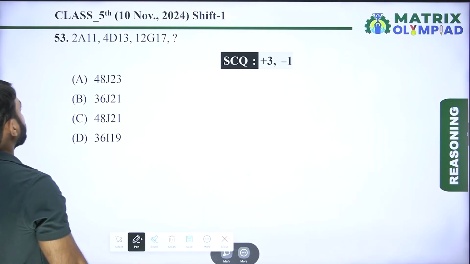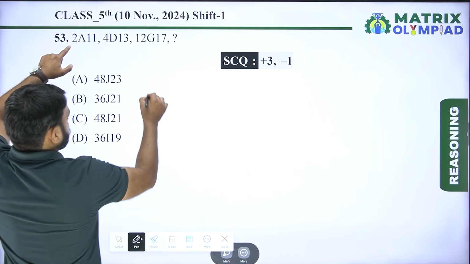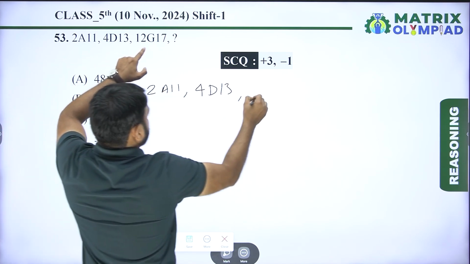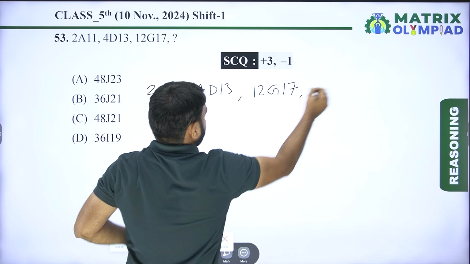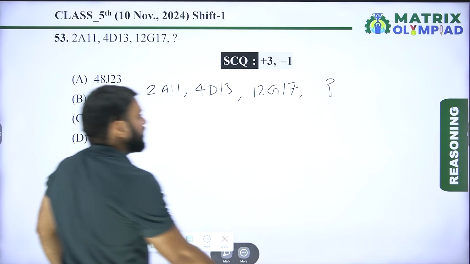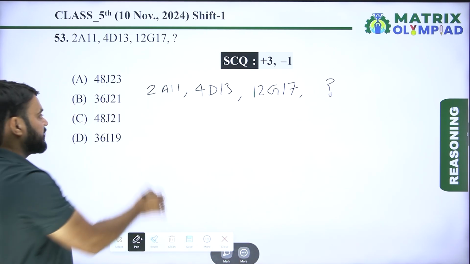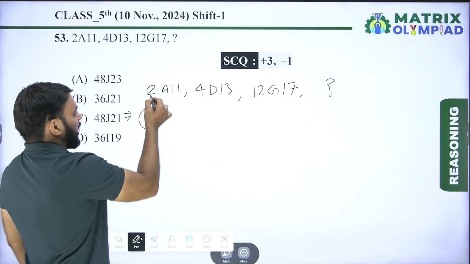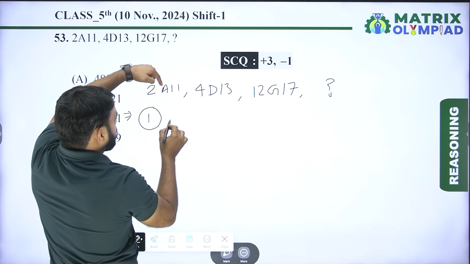53. So series is 2A11, 4D13, 12G17. After this, find the next term. So find the next term of given series. So taking first alphabet of each term.